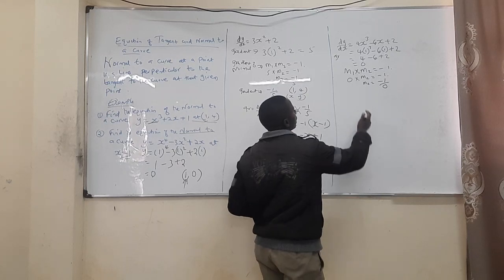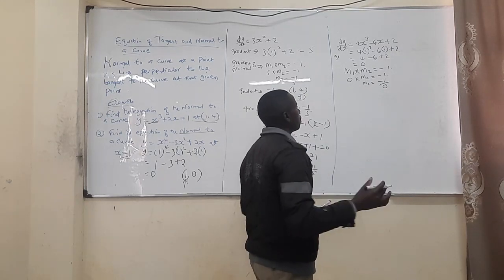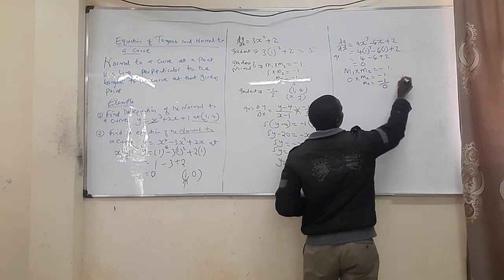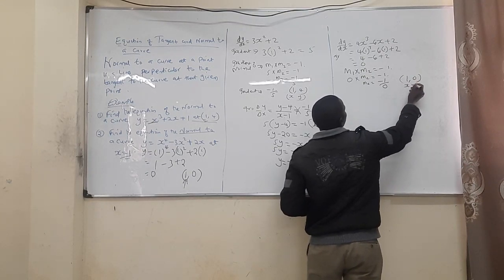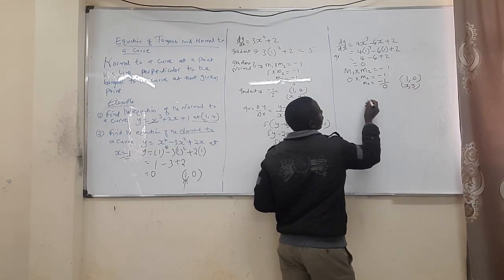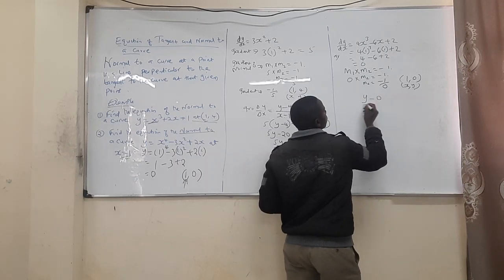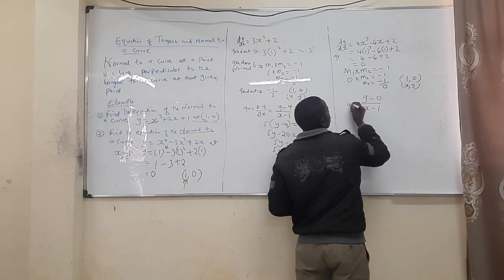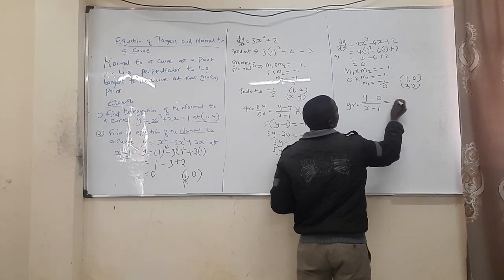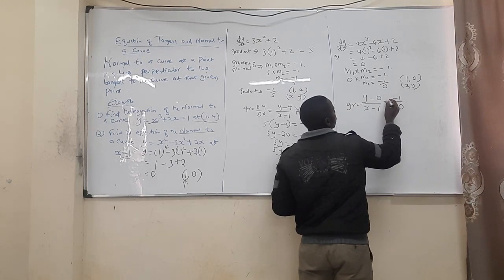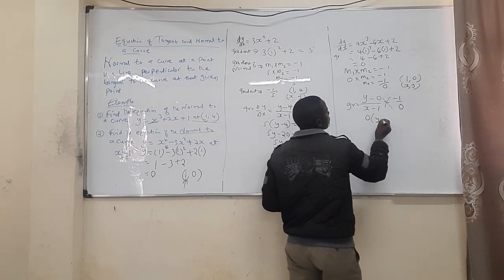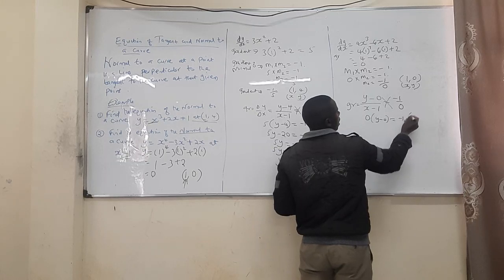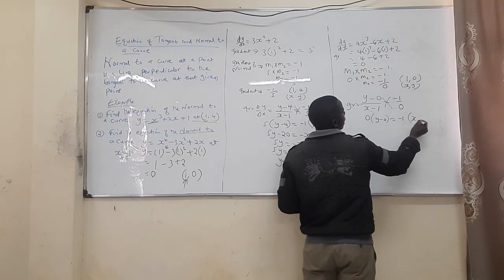Then this is our gradient, and the point that the normal is passing through is (1, 0). So you take a general point (x, y) and have y minus 0 over x minus 1, which is our gradient, giving us -1 over 0. Cross multiply and have 0 times y minus 0 is equal to -1 multiplied by x minus 1.